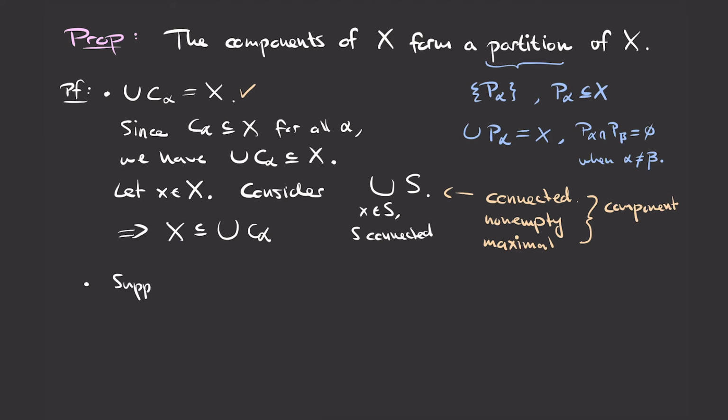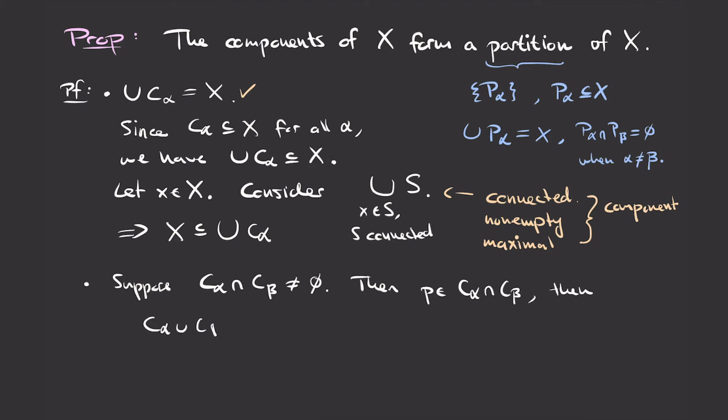So we suppose that C alpha and C beta are not disjoint. So their intersection is non-empty. Well, then there exists some point P in their intersection. Well, then this implies that their union is connected.